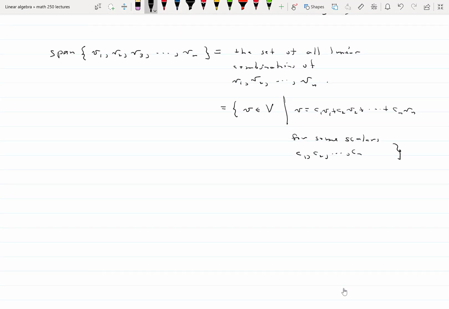Now, with respect to what we just finished talking about for the last hour and 20 minutes or so, we get a special theorem about the span of a set of vectors. Theorem 2.5 from your textbook.